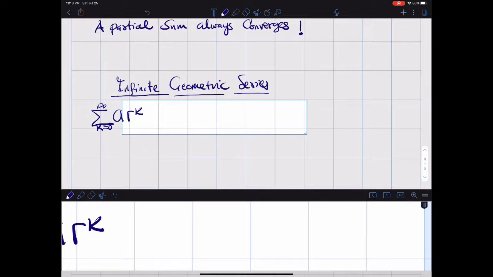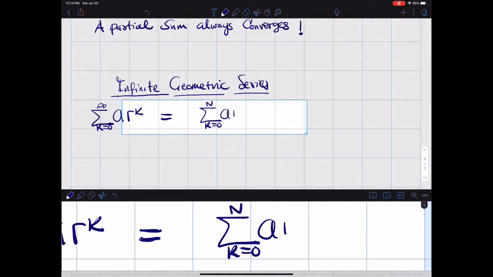What I'm going to do is write it as a geometric sum, k from 1 to n, a r to the power of k. This is not the same thing. n and infinity are not the same thing. But I'm going to let n go to infinity. So this is the limit as n goes to infinity of that.